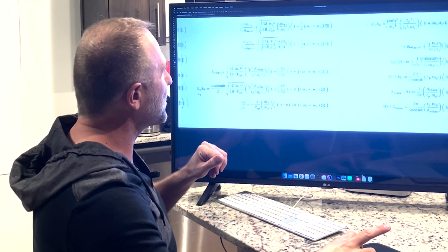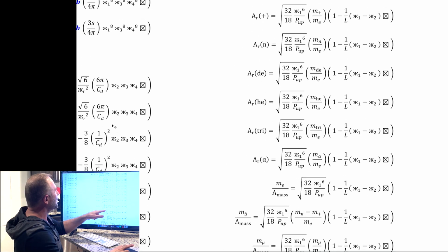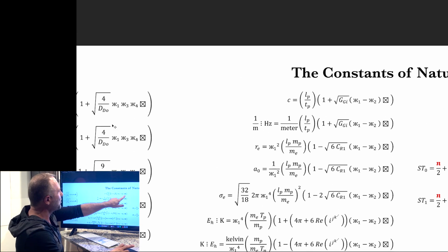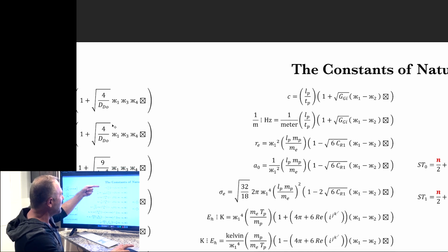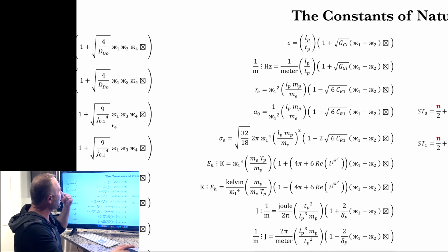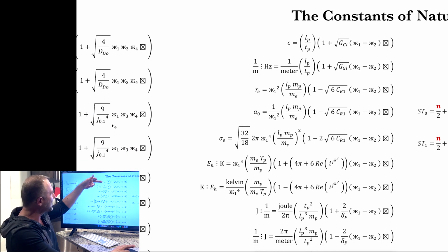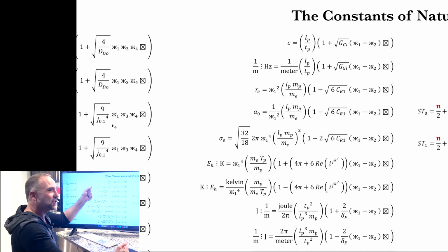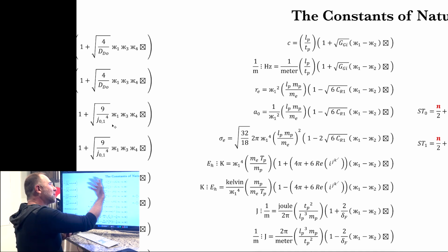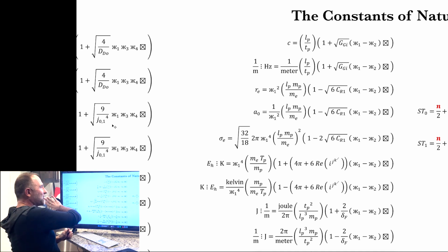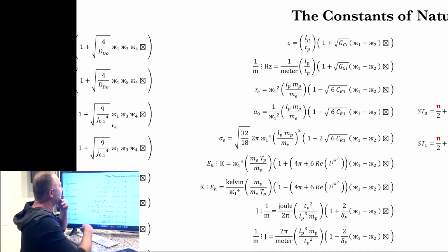Great. Let's move over to this column, which is 2-part sums or subtractions. Okay, and the very first one, which I hope if you've been watching this for a while, you're getting very familiar with now, is the speed of light, Planck length over the Planck time, which gives us the dimensions of length over time, right? A speed, and the numbers themselves give us the right value, and then you can now predict the value out to any digit you want.